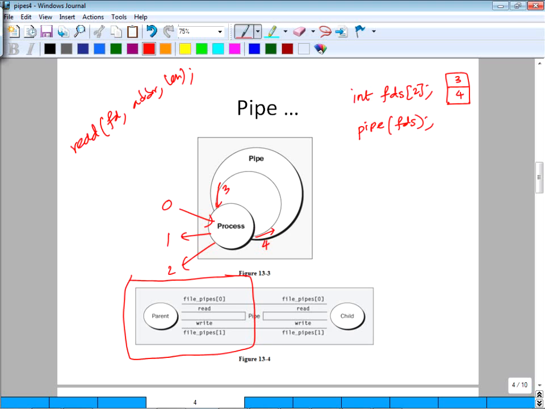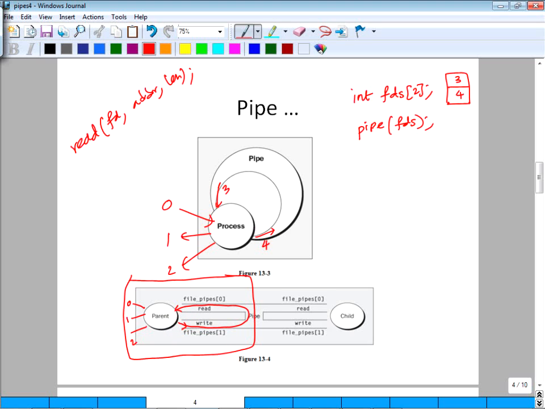So that's a pipe. See, the parent has a 0, 1, 2 here, that's not written here, and read and write. See, this one, that's a pipe. Okay.